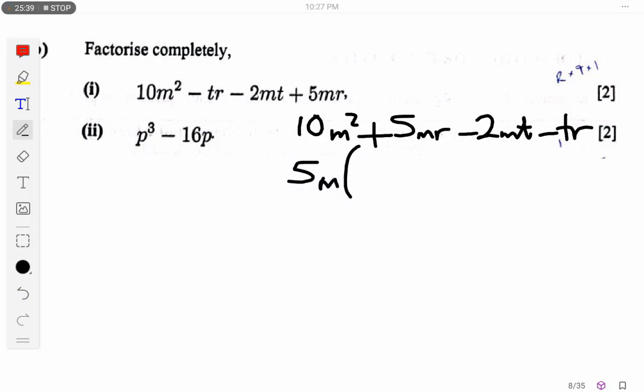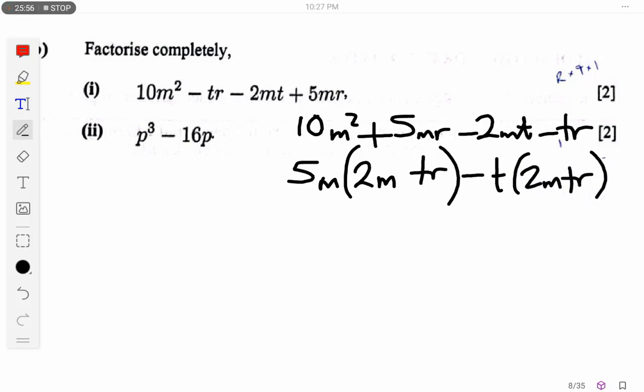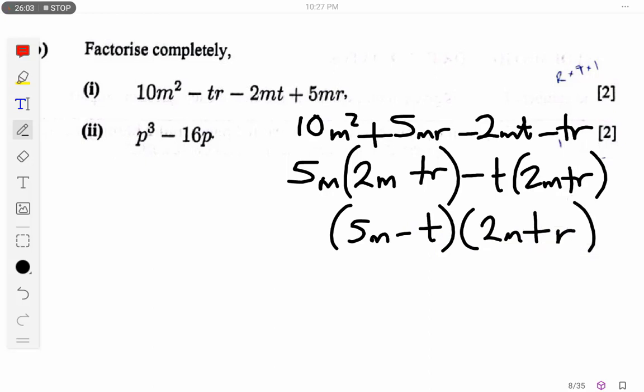If I take out 5m here, I'll remain with 2m plus r here. Then for this portion here, I can take out minus t and I'll remain with 2m plus r, like that. So completely factorized, I'll have 5m minus t, and then 2m plus r, like that. That will be the final answer there.